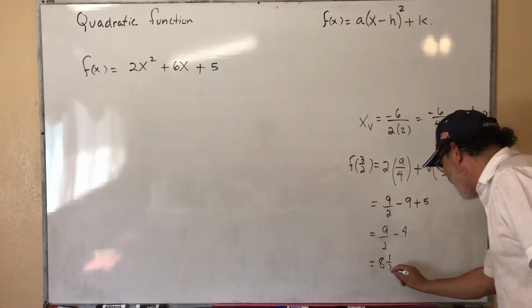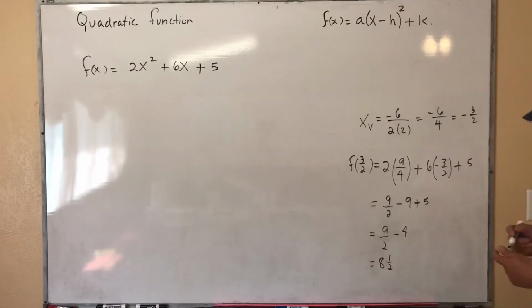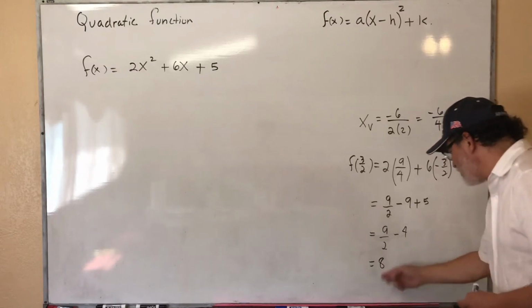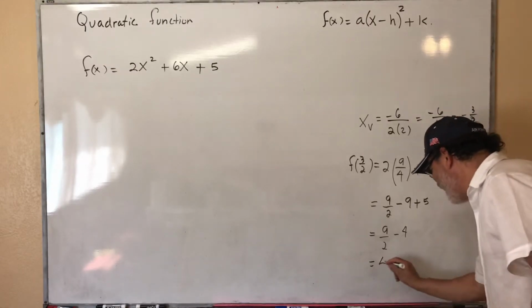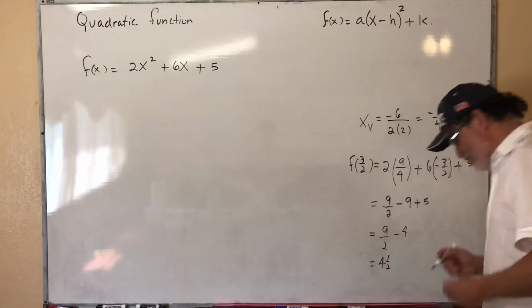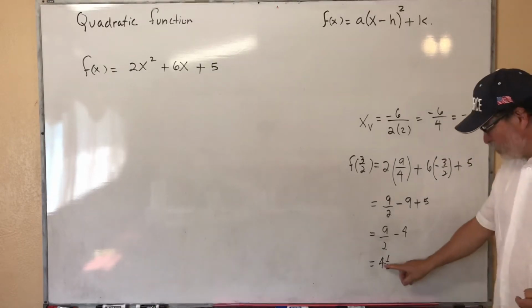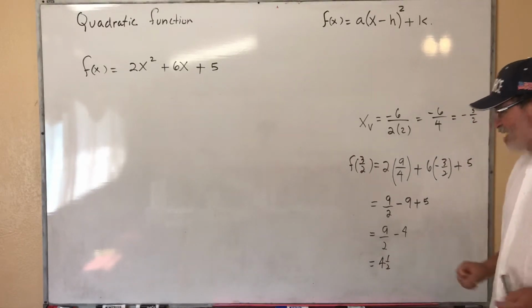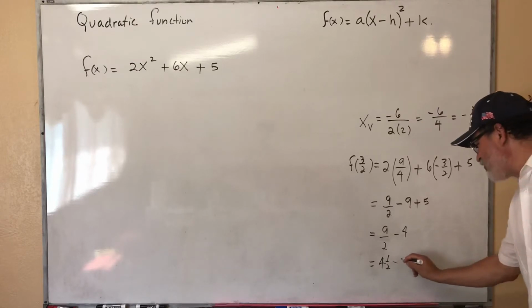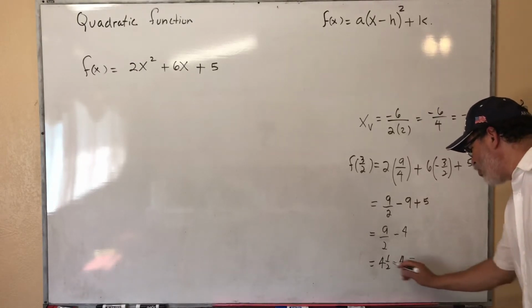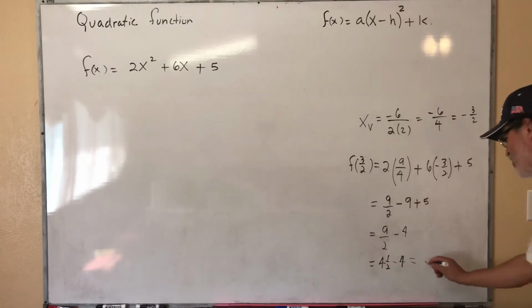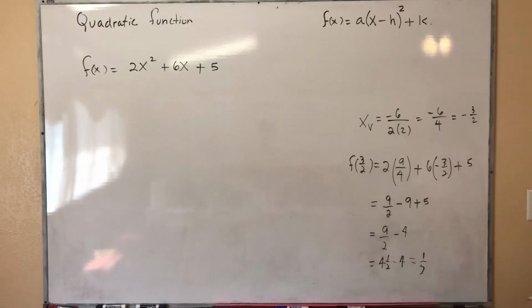No, that's not right. It's 4 and a half. 4 and a half, that's right, because 2 times 4 is 8 plus 1 is 9. Minus 4. What's 4 and a half minus 4? Which is half.